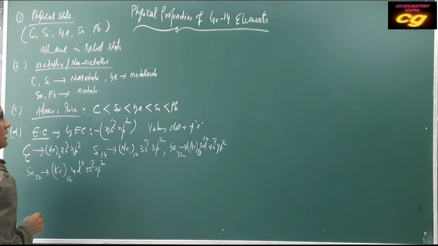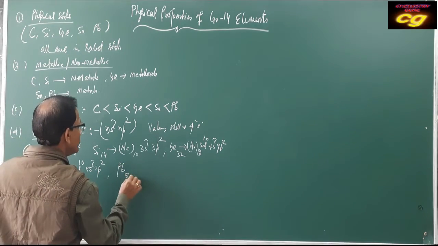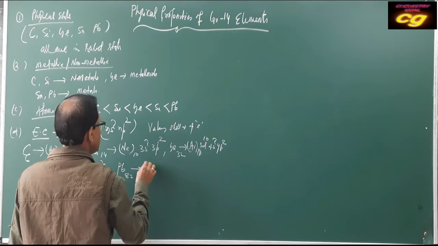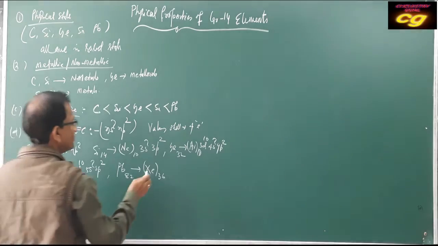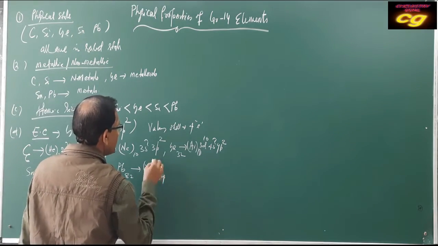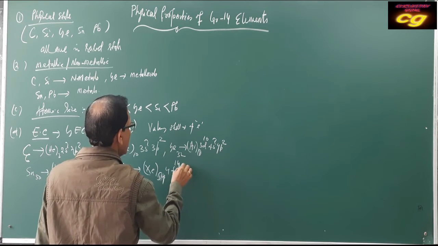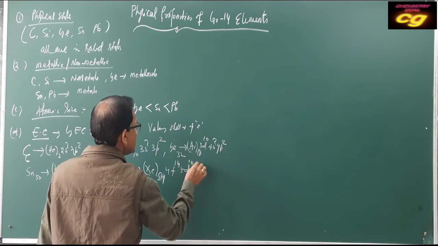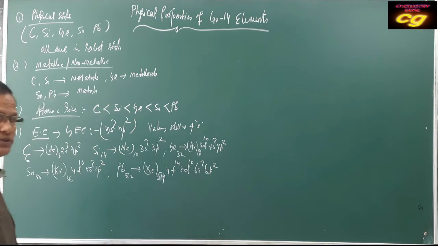Then lead, Pb, 82, can be written as xenon 54, 4f14, 5d10, 6s2 6p2. This is the configuration.